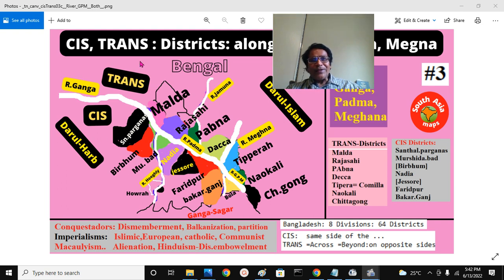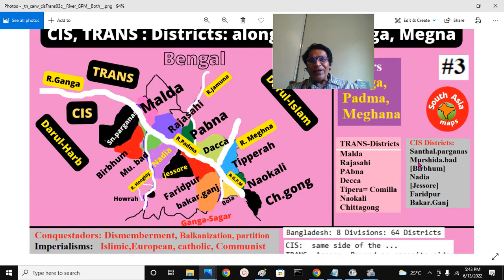Coming back to cis districts, here we see cis districts and trans districts. This will be the Jharkhand region, Santal Parganas, mentioned for clarity. Then we have Birbhum, which doesn't touch the river exactly but is very close.